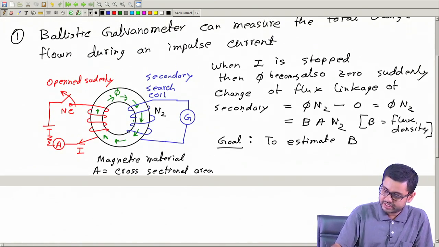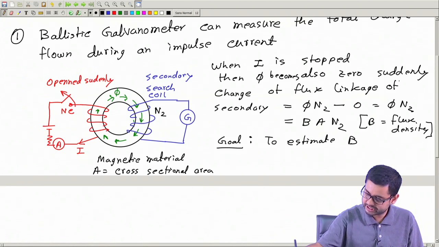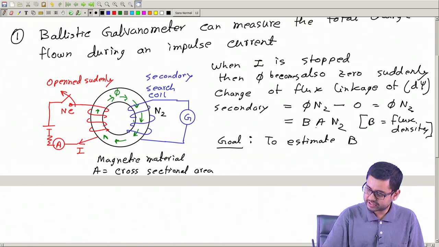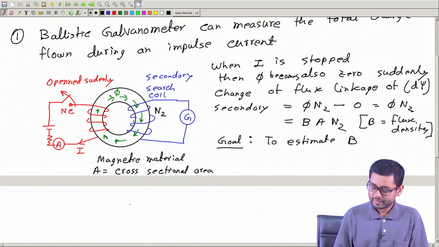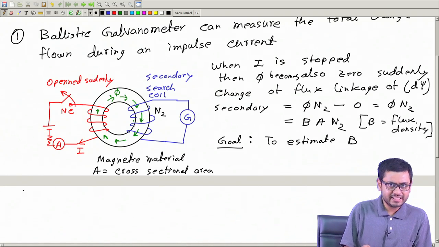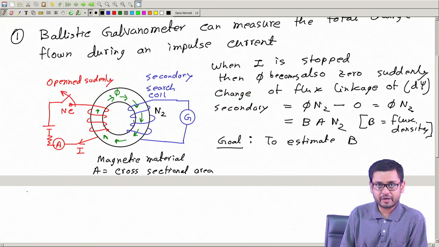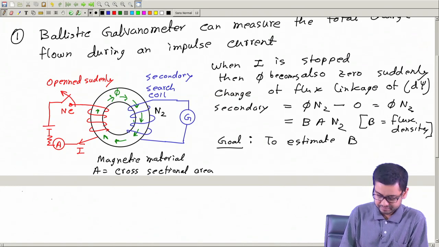Okay. So, the change of flux linkage, call it dψ, is given by this quantity. Let us do this analysis first approximately for ease of understanding, and if time permits we will do it more accurately.